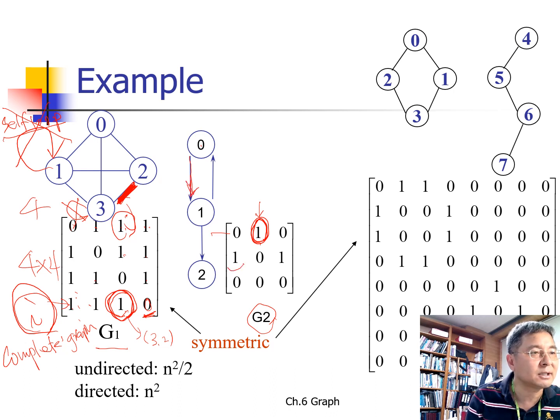And this one is from 1 to 0. How about this one? From 1 to 2, index 2, so this value becomes 1. As you can see, this is a directed graph.